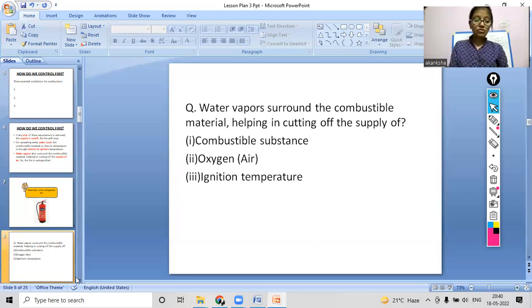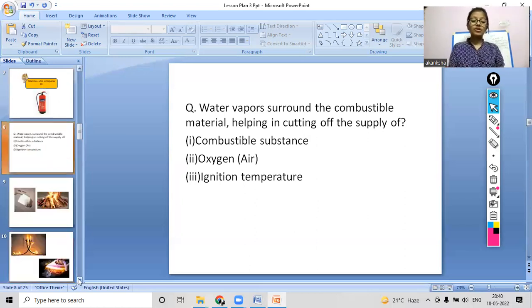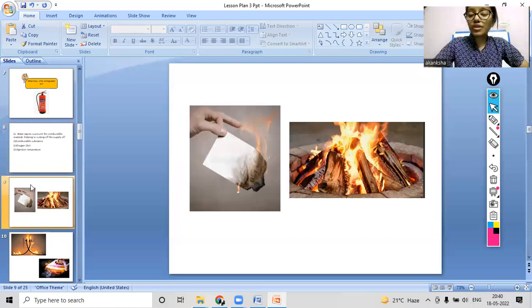So now we will move on ahead and see some more questions and more activities. Moving on to our next slide. What can you observe in these slides? First, you have to tell the objects that you can observe, and then I will ask a question based on these objects. In the first picture, yes, you all are answering correctly. We can see a paper is burning, and in the second, wood is burning.